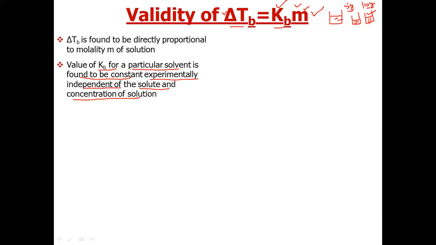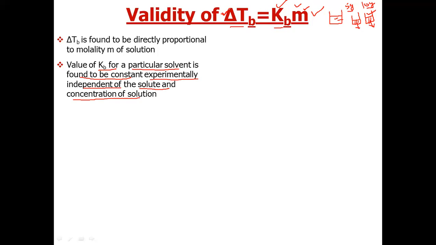Now again, how can we measure Kb? Kb is the value when concentration of the solution is 1, when molality is 1. So we can prepare sugar solutions of two different concentrations and check delta Tb experimentally.